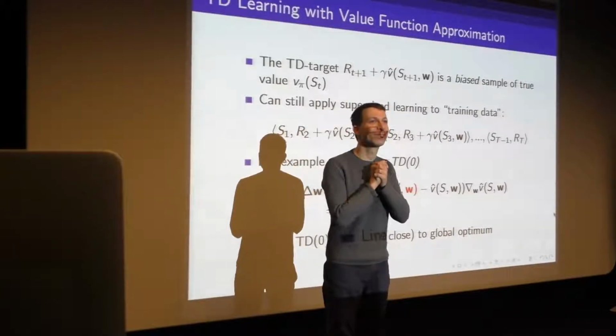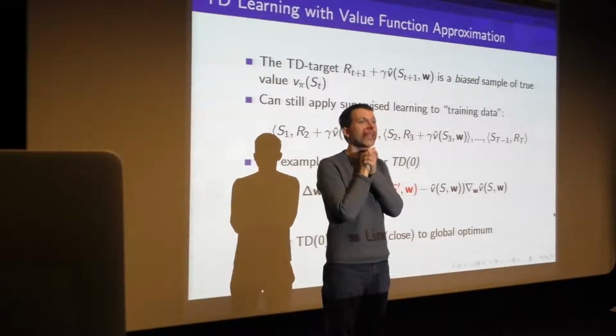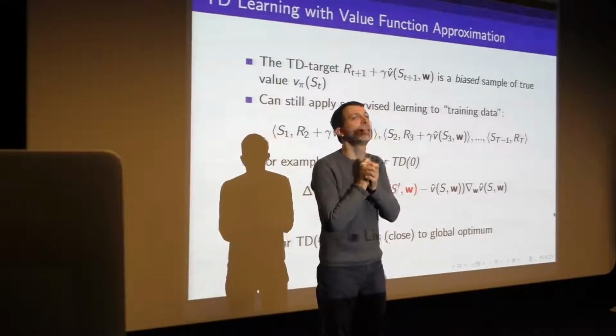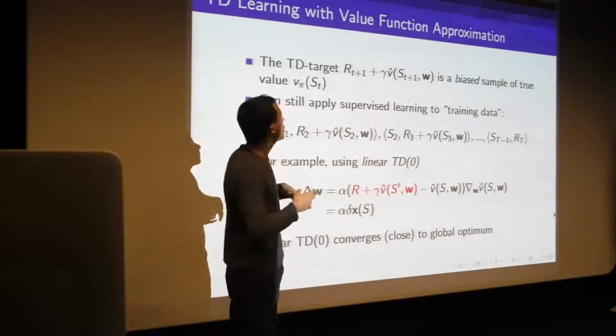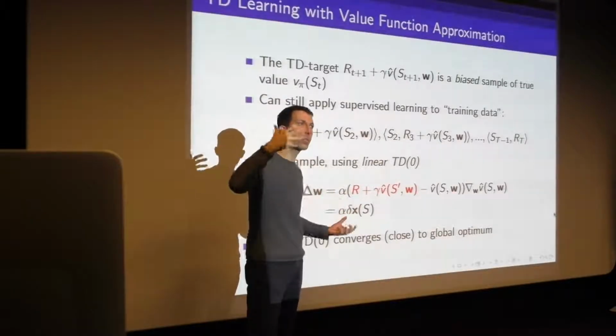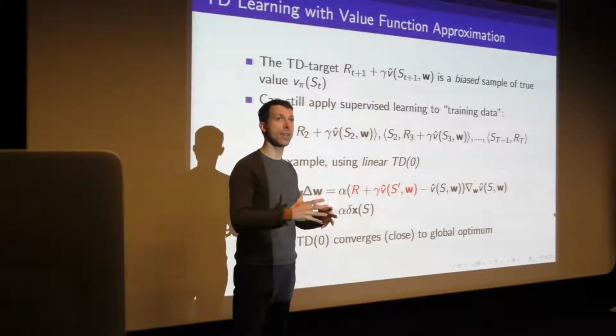Good. So you're saying that you generate this data set and then you're doing supervised learning on the data you've generated. So do you do this after every step, or after the end of the episode? Great question. I'm just trying to give a flavor of how this relates to supervised learning, so you can think of what it means to train this function approximator. In practice, we're doing everything incrementally.